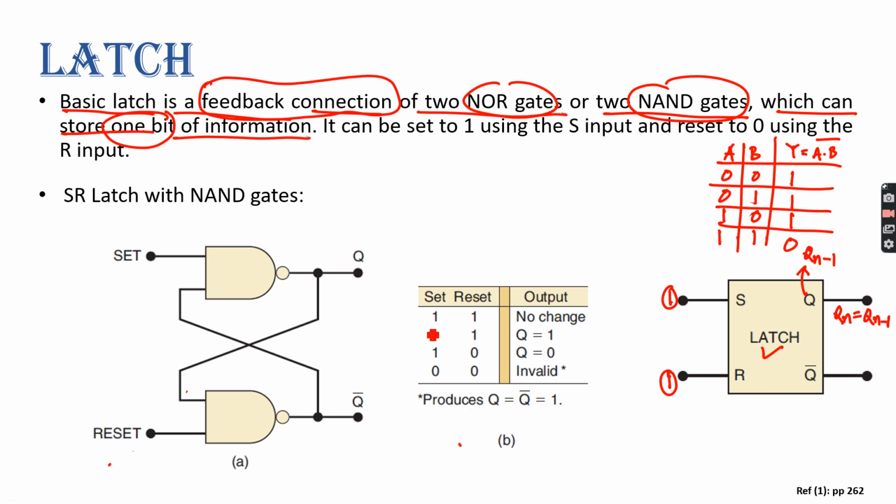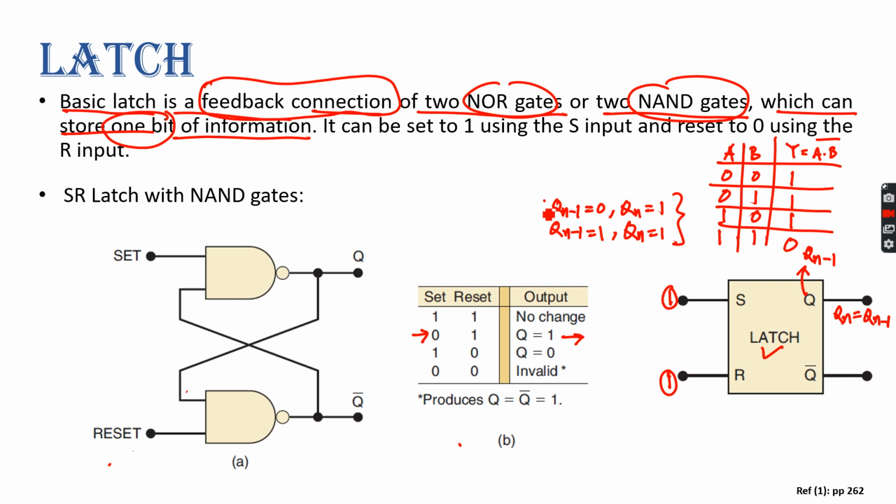So now it says if you put set 0 and reset 1, the output will always be 1. What does it imply? It implies if my previous state was 0, my next state would be 1. If my previous state was 1, my next state would be 1.